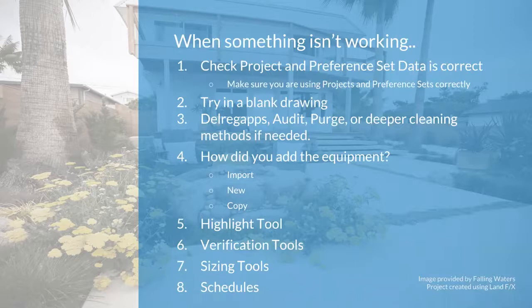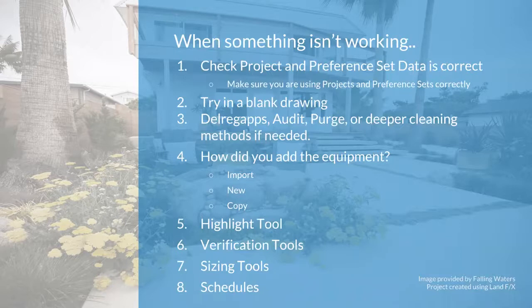Even copying one block to another, the data is needed to make that block function. If you're just copying a block to copy it, and you're not bringing over its data as well, there could be potential problems there. So how you actually put that equipment into the project will definitely help in pinpointing where that problem might have occurred.